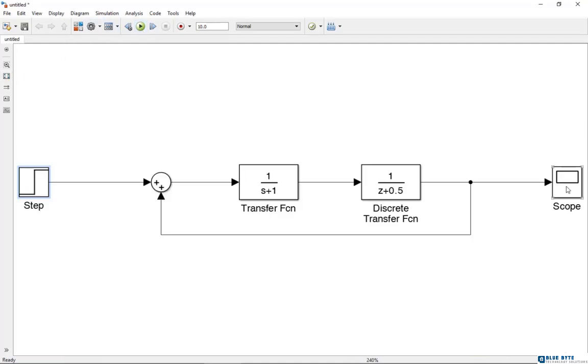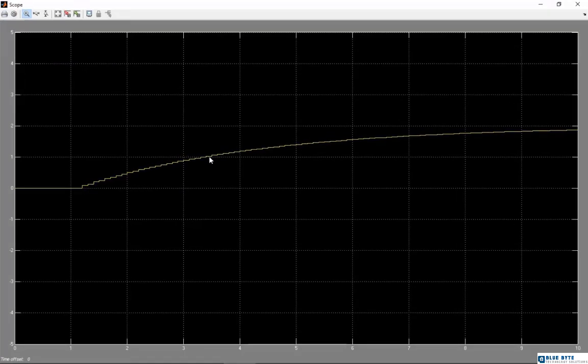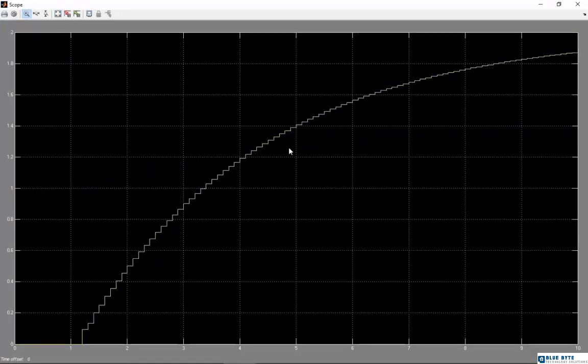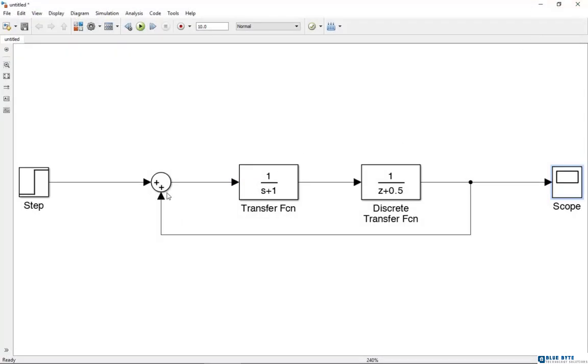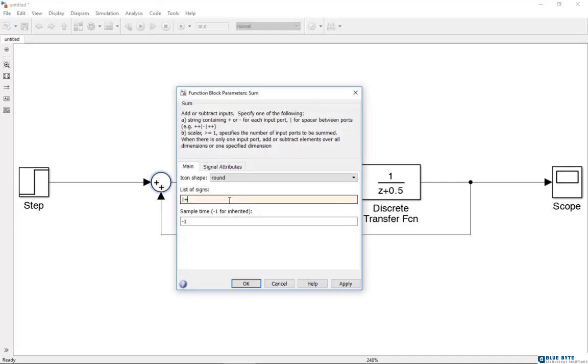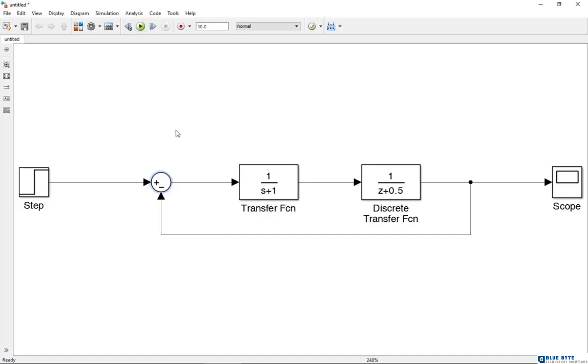Now I run the simulation to see the output. Now as you can see, discrete and continuous modes were combined. A hybrid system has been made. Now I change the feedback to negative and then see the results.